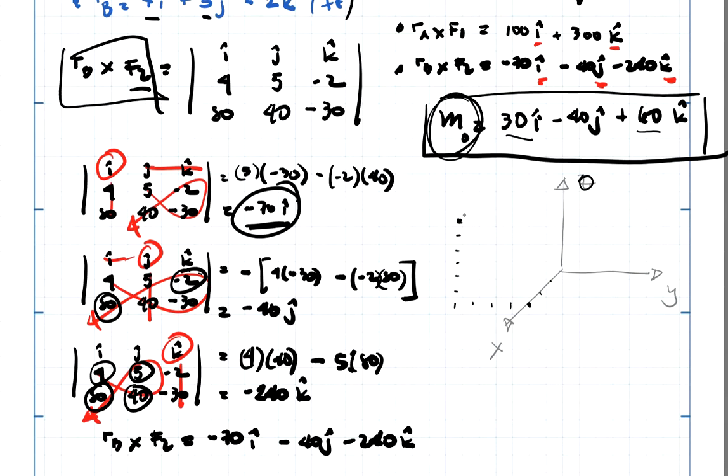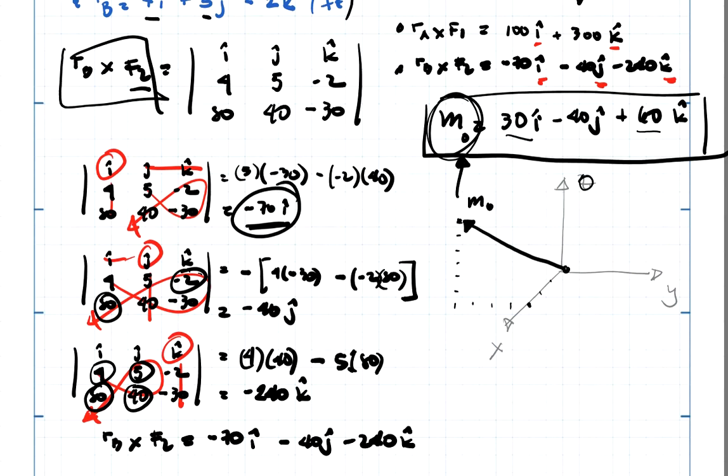Say this is our moment, 30I minus 40J plus 60K at point O.